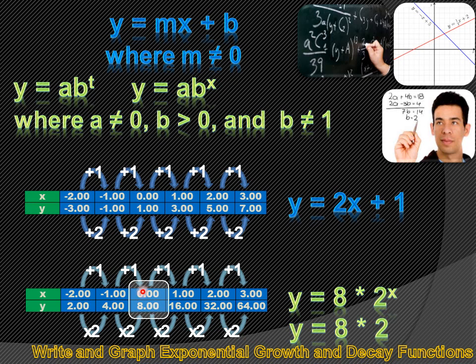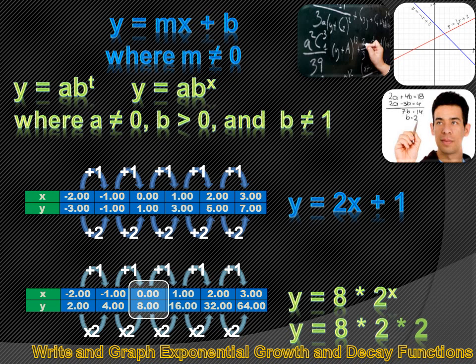To go from here, a value of 8, to here, a value of 32, I've taken 2 steps in my x value, and I've taken times 2 times 2 in my y values. I've got times 2 twice, or times 2 squared.